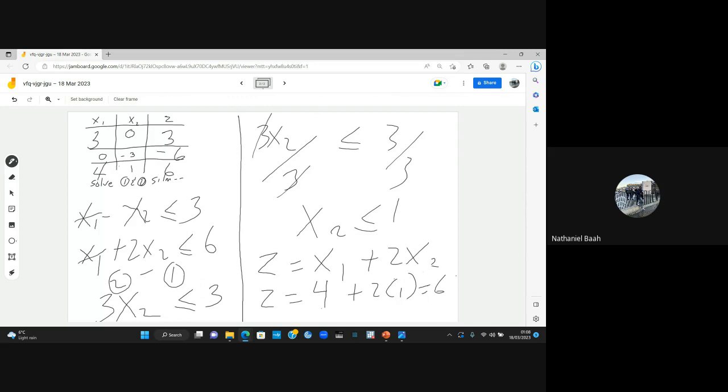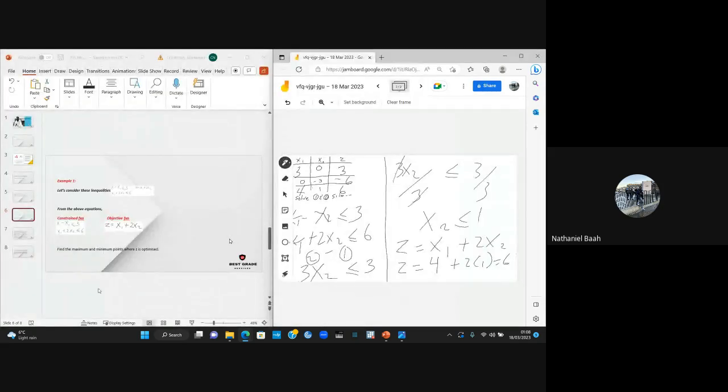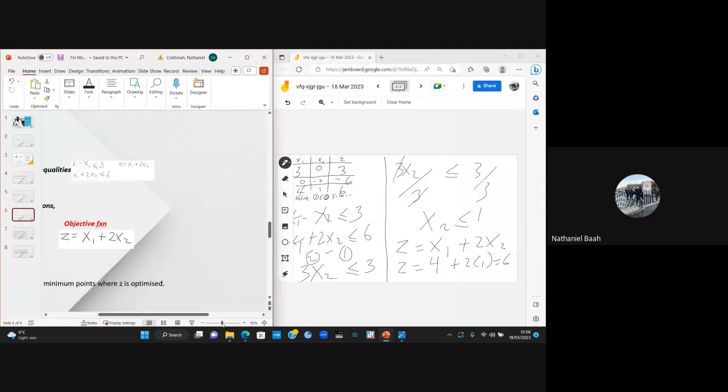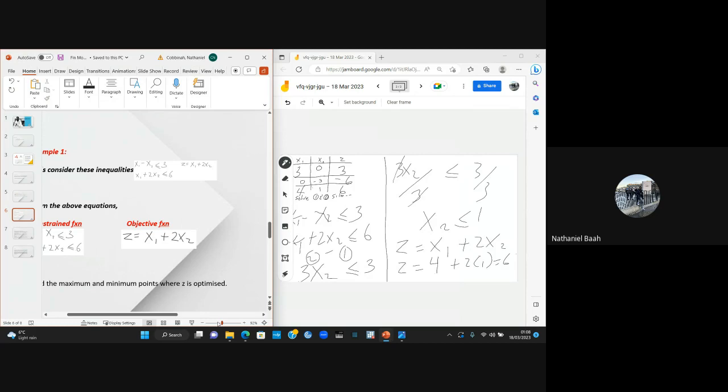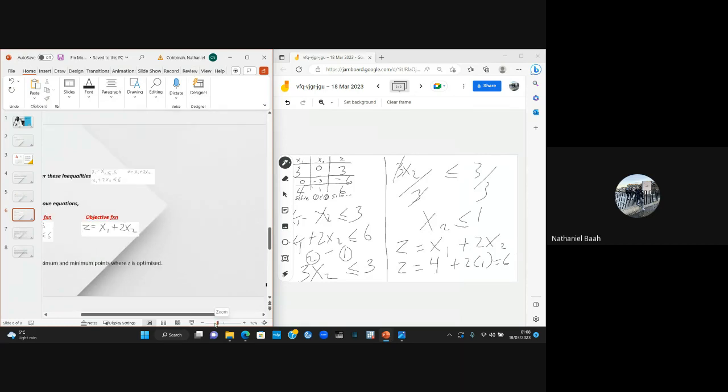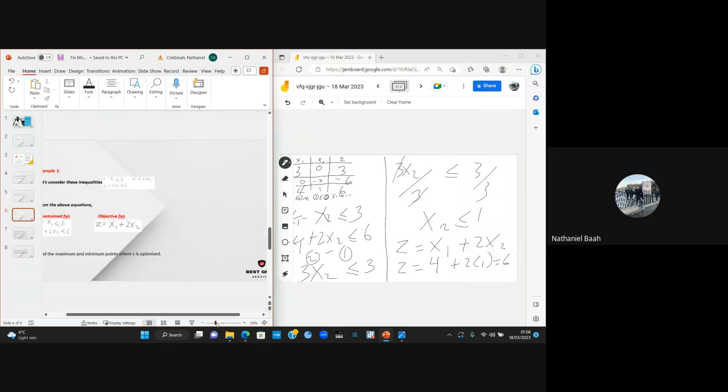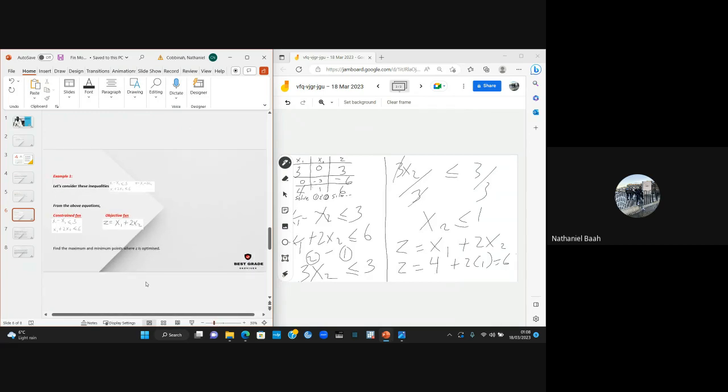So now, to answer the question, I'm going to bring back this. The question reads, let me zoom in for us to all see. Good. The question reads, find the maximum and minimum point where Z is optimized.